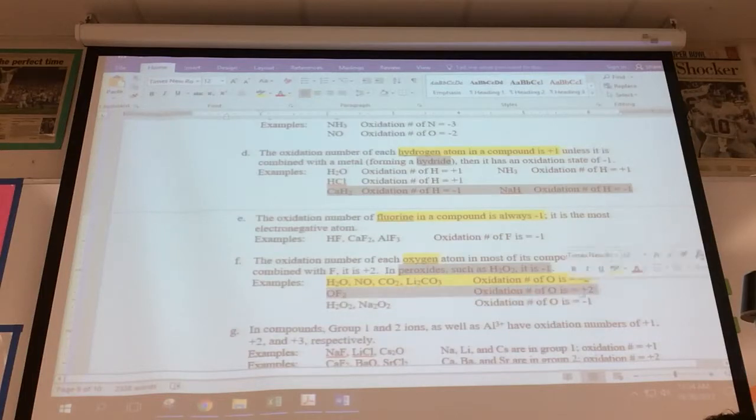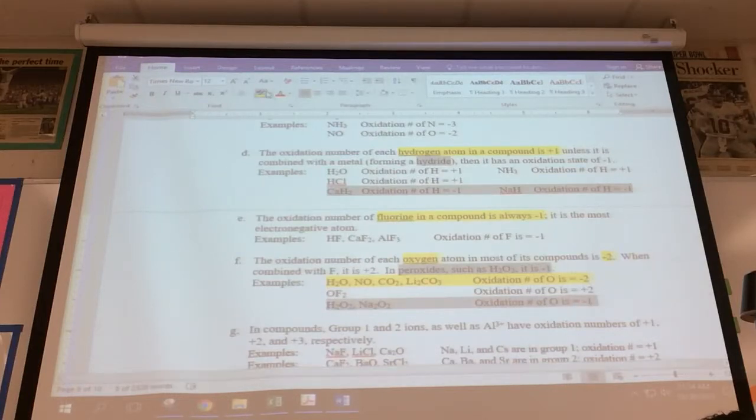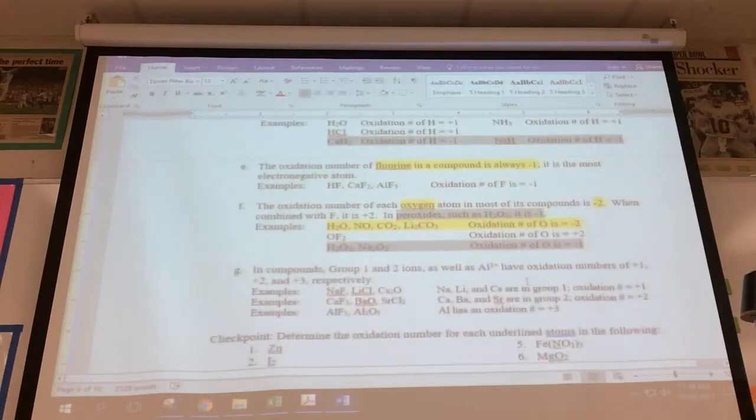When it hooks up with 2 fluorine atoms, it's +2. We're not going to play with that very much. I'm not concerned there. But in a peroxide such as hydrogen peroxide, sodium peroxide, these look funny as if you forgot to reduce, but you didn't. The O is going to have a -1 oxidation number. And we're going to use all these rules so you're going to see it.